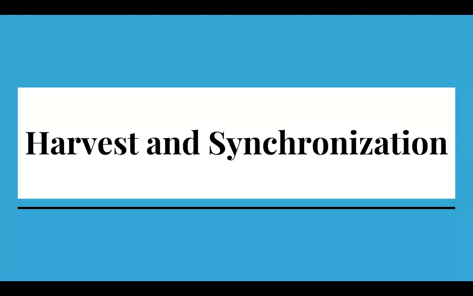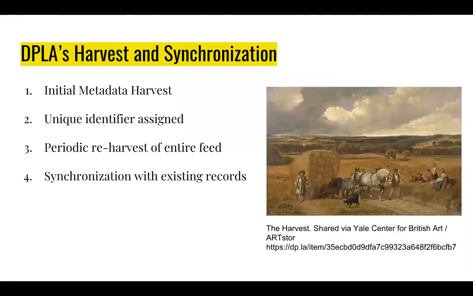So I'm going to talk about the metadata harvest and synchronization process first. So the overall process involves an initial metadata harvest from you. At that initial harvest, a unique identifier is assigned to each record that's based on an identifier in the record.